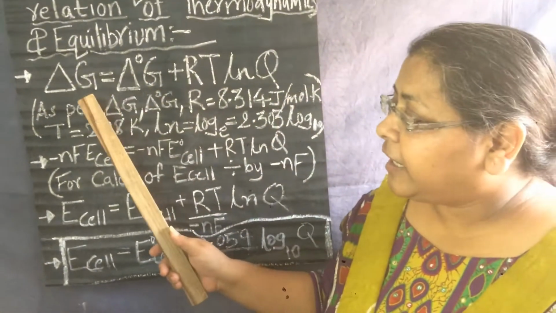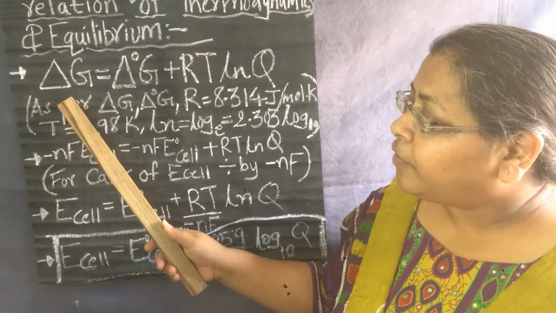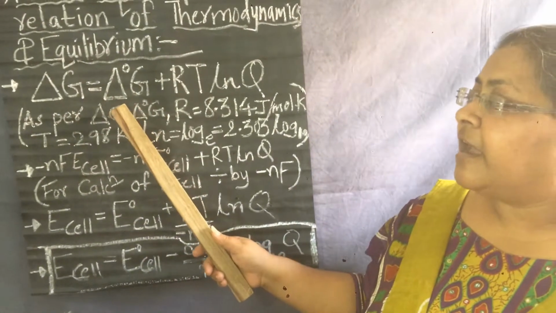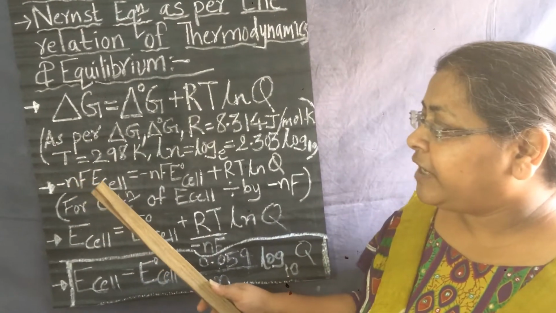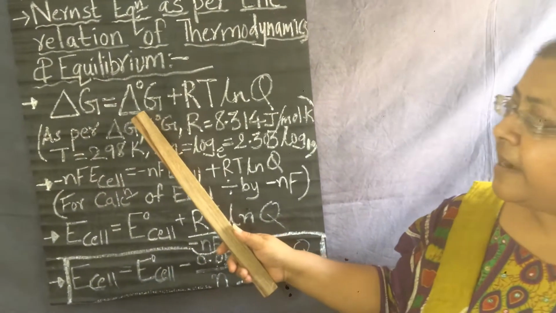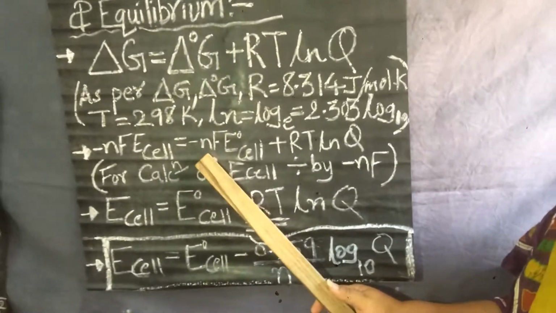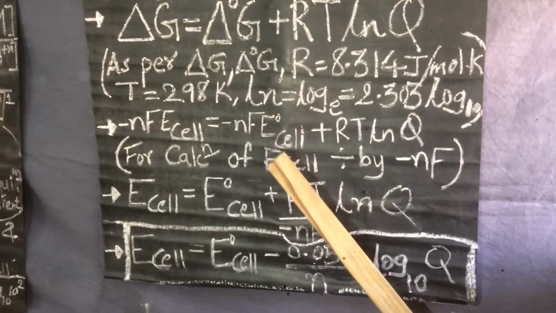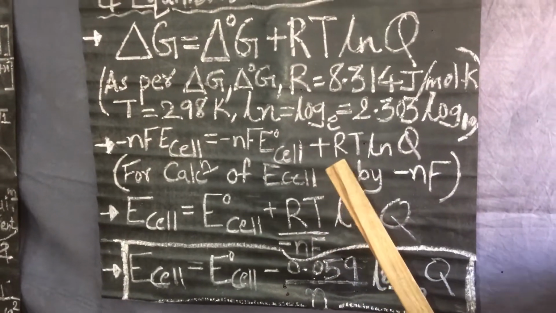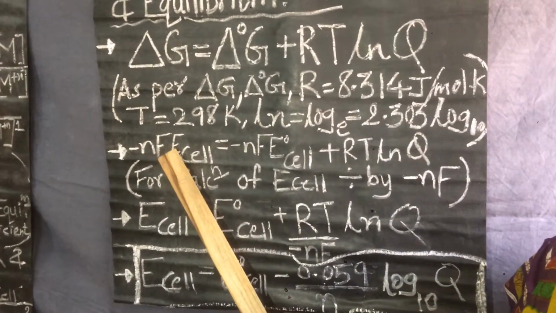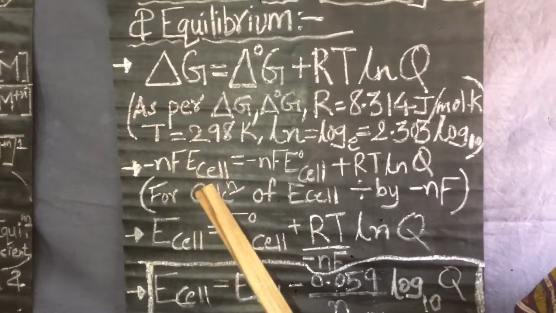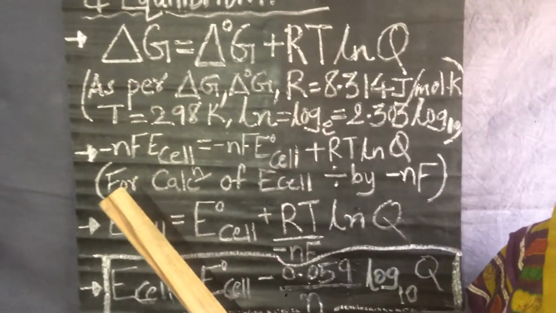From video 3, you can put the value of delta G and delta standard G. Delta G is minus nFE cell. Delta standard G is minus nFE standard cell, plus RT ln Q. Now here, we want to calculate cell potential.